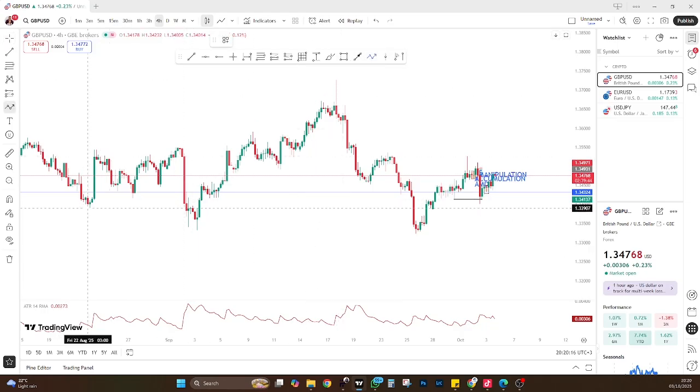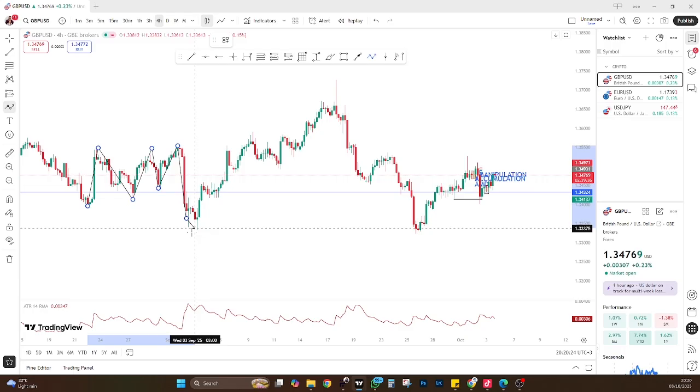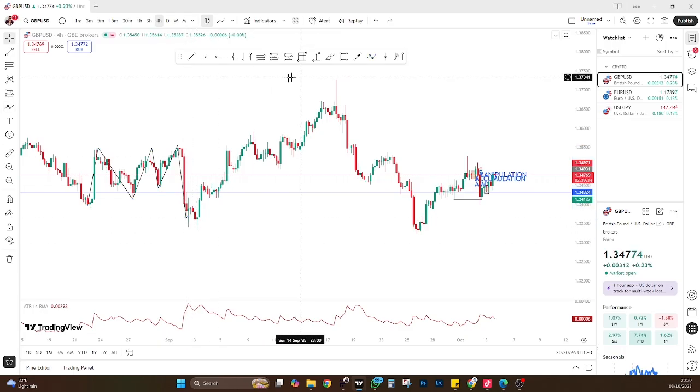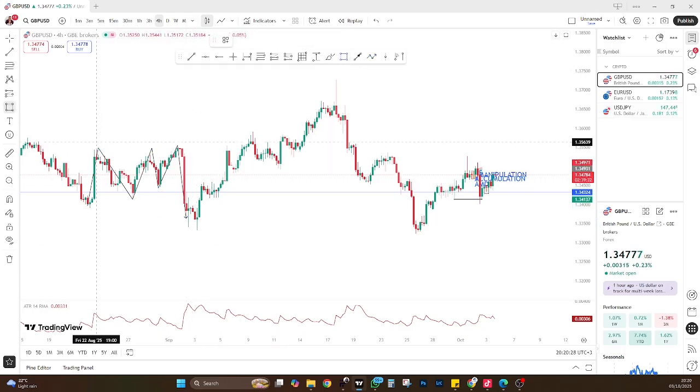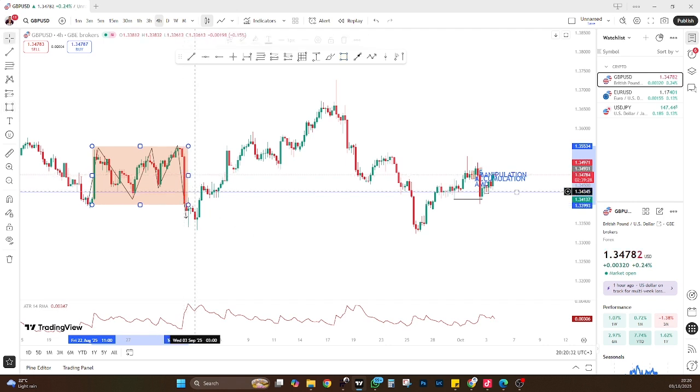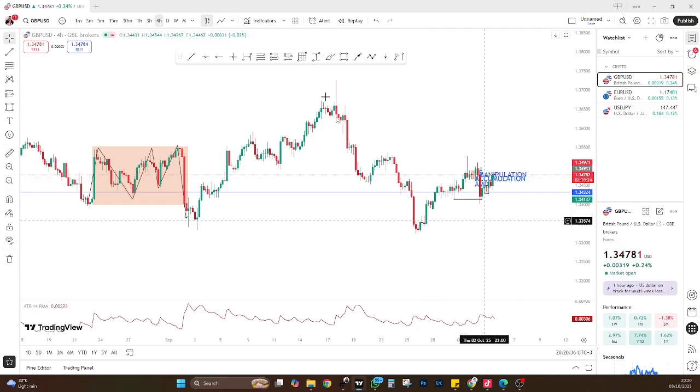So this is the market structure. When you look at this, it is a sideways move. The market is moving sideways from here to here. So if the market takes either of these sides, you look for the opposite direction bias. This is what we call accumulation.